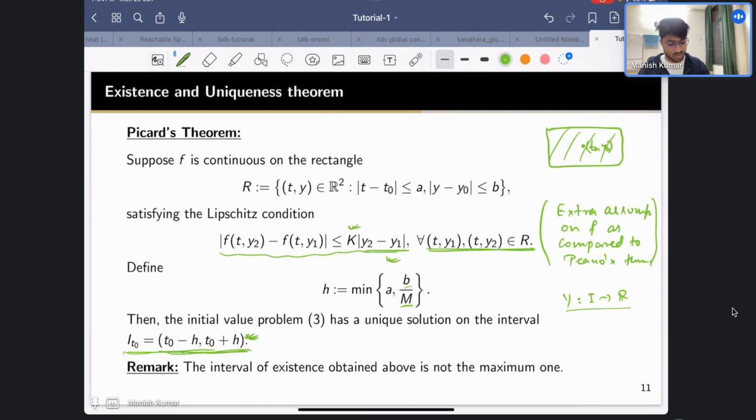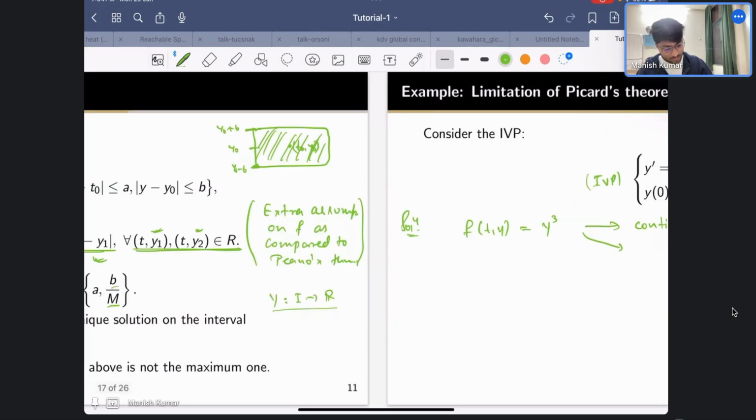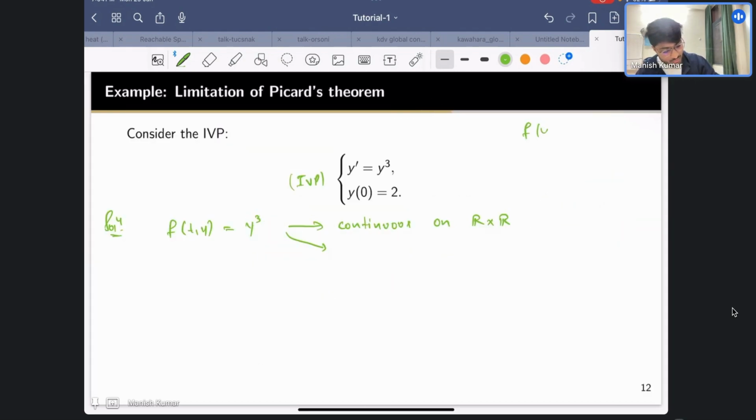Here y1, y2 is some particular choice, so it should belong to this kind of rectangle. This rectangle has a length b, so if this is y0, this is y0 minus b, this is y0 plus b. If k depends on this b, then we say that this is locally Lipschitz.